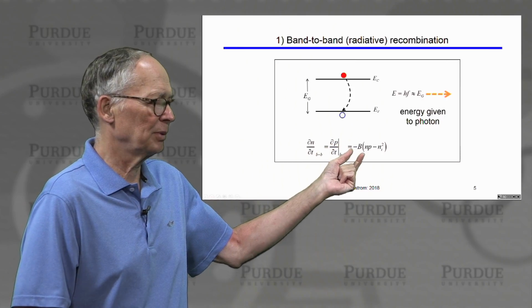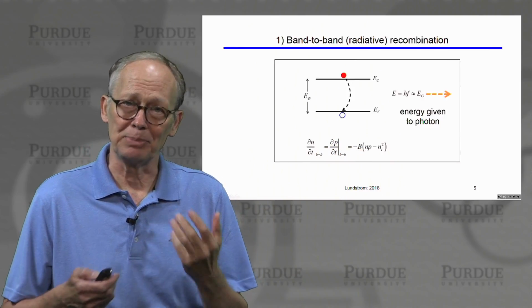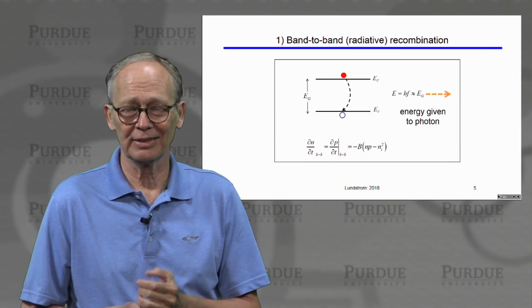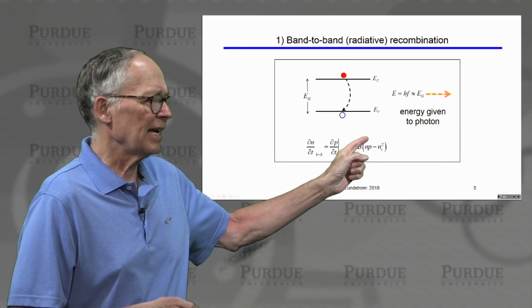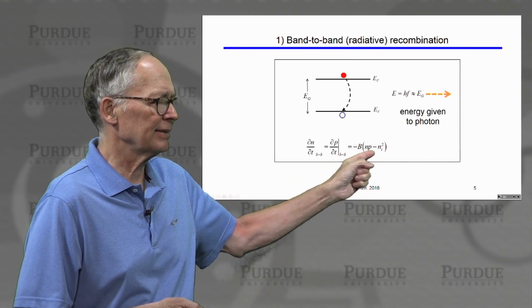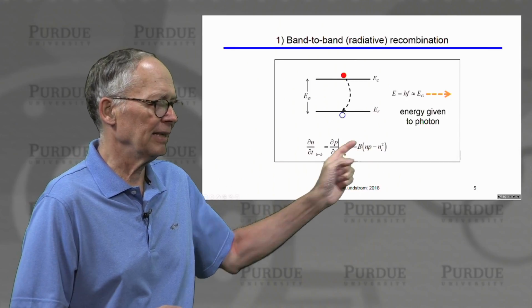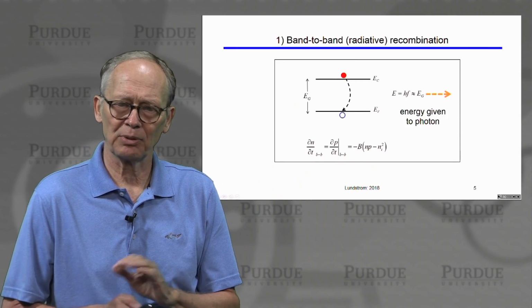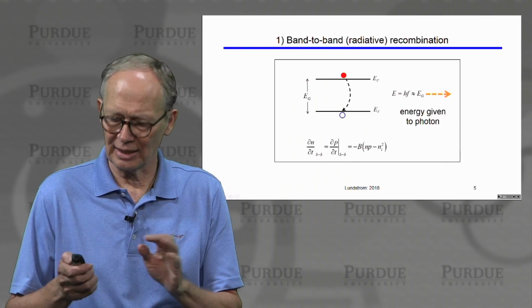The constant of proportionality is called B. People talk about the B coefficient of a semiconductor. That's an important material parameter for a semiconductor. And I have here np minus ni squared, so that in equilibrium, when np is equal to ni squared, the process will be 0, and there will be no net recombination occurring.